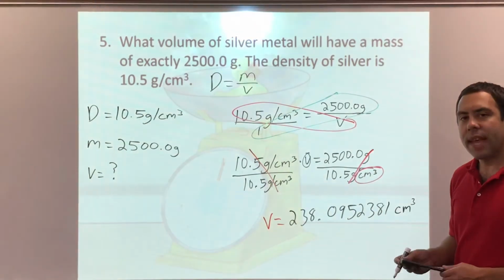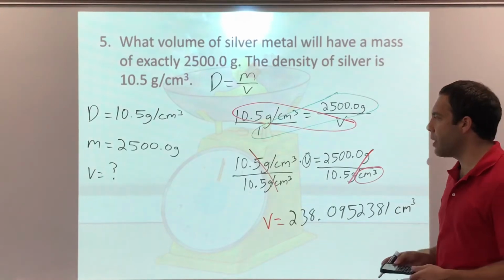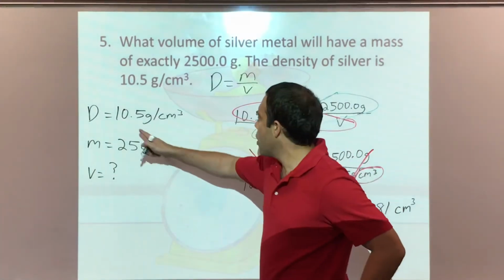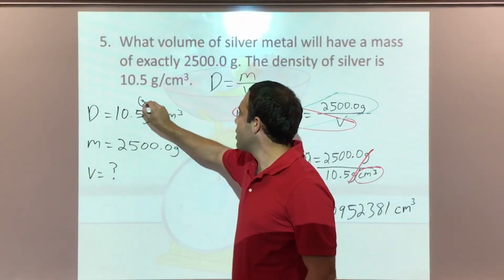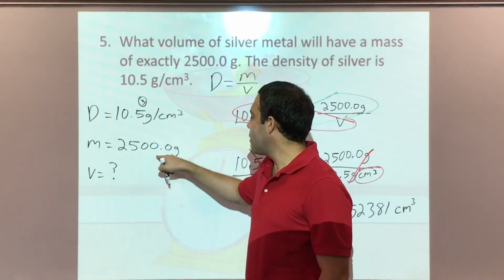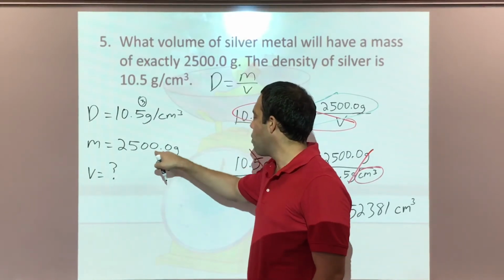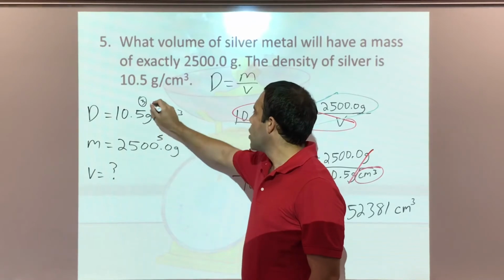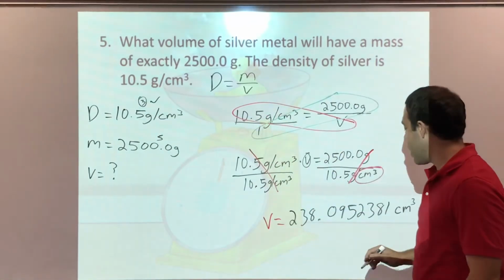But we're not going to leave the answer like this. We're going to round to significant figures. If we look at our original values, 10.5 has 3 significant figures. 2,500.0 has 1, 2, 3, 4, 5 significant figures. So we're going to go with the least number, which is 3.